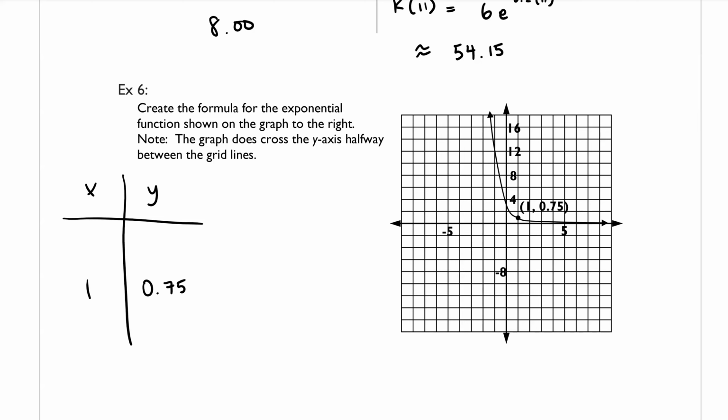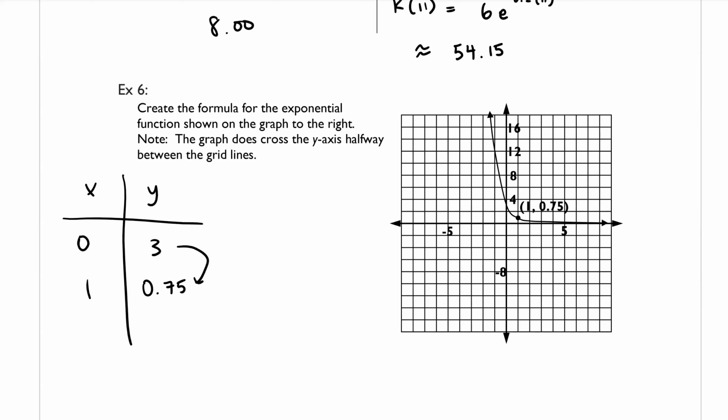And the previous point at 0, if it goes halfway between the grid lines, that means that the output would be 3.